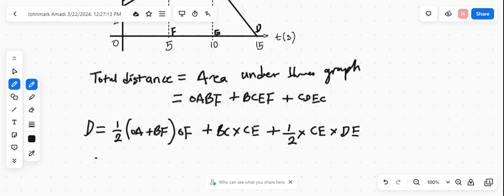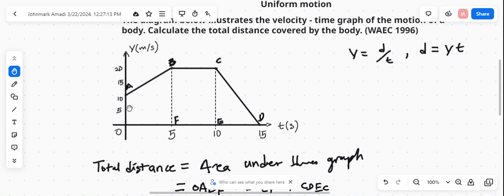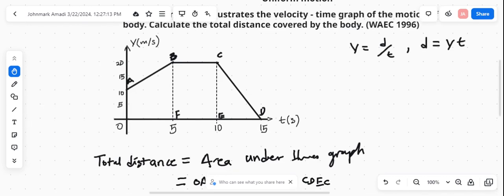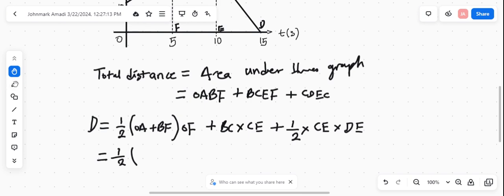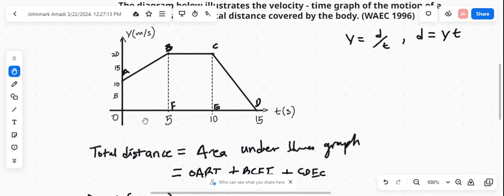So let's plug in our parameters. This is 1/2 times (OA plus BF) times OF. What value represents OA? OA, that's from this 0 point to this point, is 10. So OA is 10, plus BF.